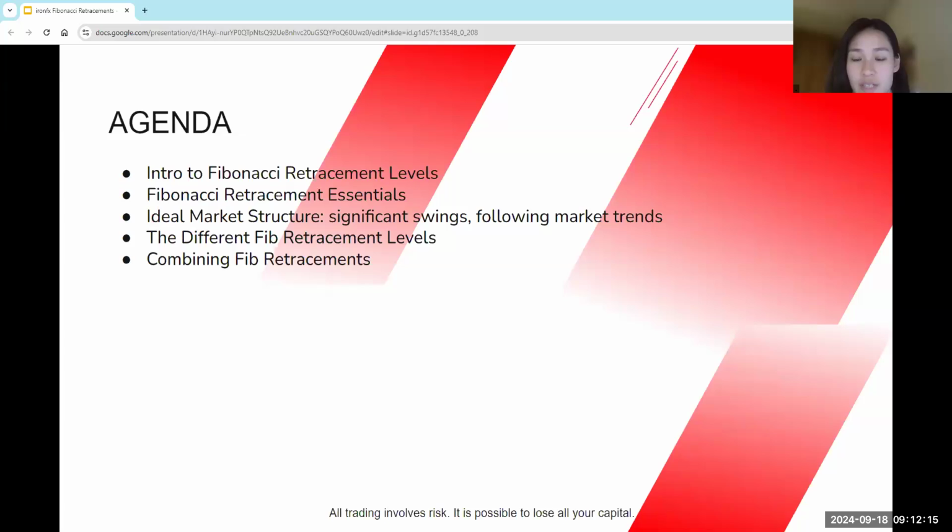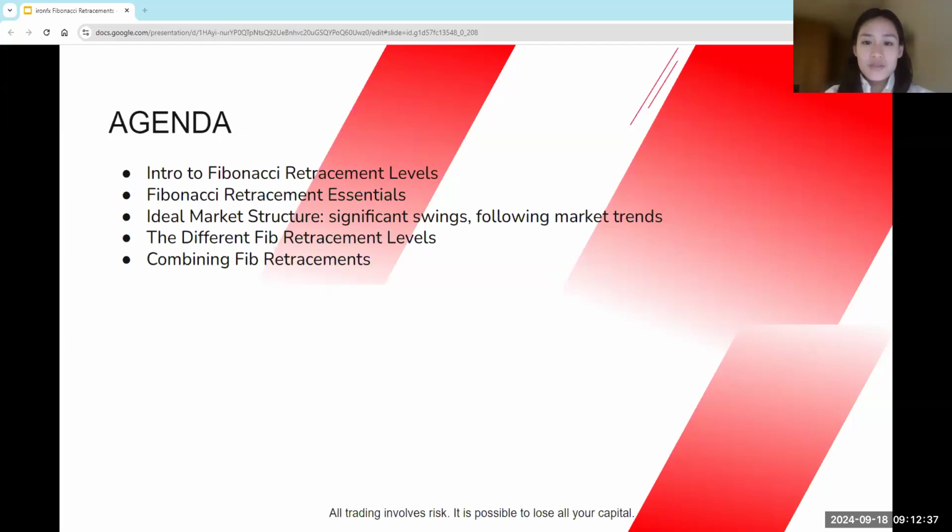So here is our agenda for today. We are firstly going to go through the essentials for Fibonacci retracements, including a checklist for you to follow when identifying Fibonacci retracements. Then we'll go through the key points for an ideal market structure, looking for any significant swings and market trends.